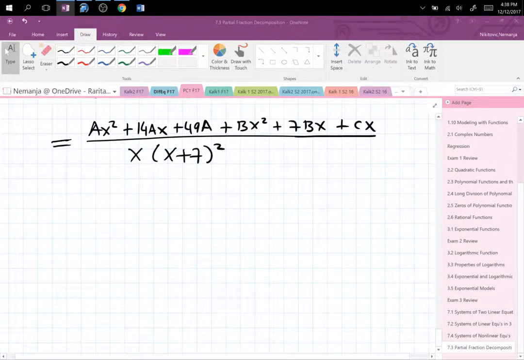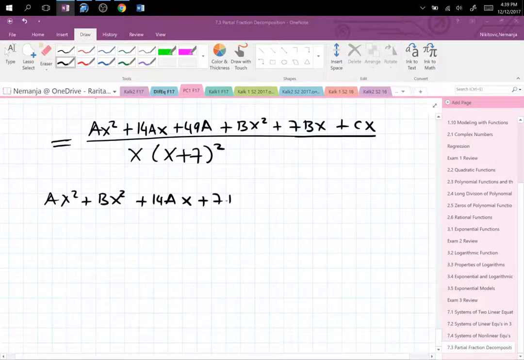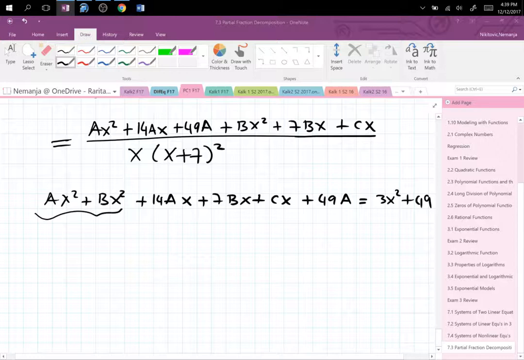So now we equal the ax squared plus bx squared plus 14ax plus 7bx plus cx plus 49a to whatever we had, 3x squared plus 49. Great. So now I have from these three, and a single one.